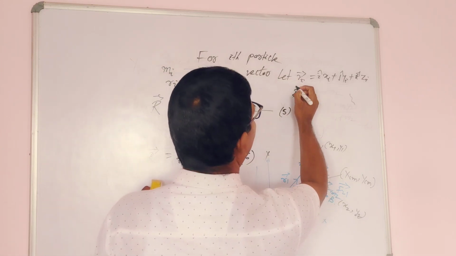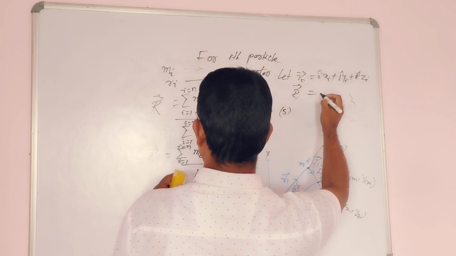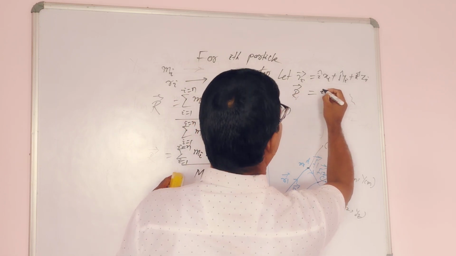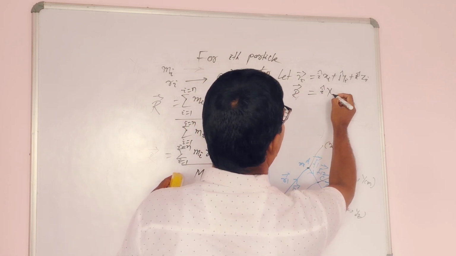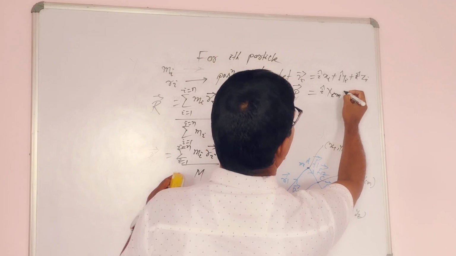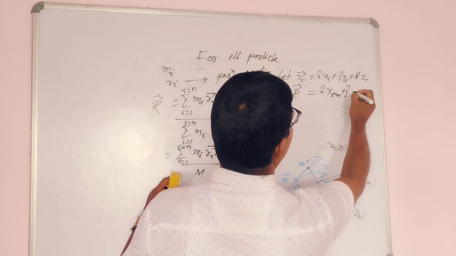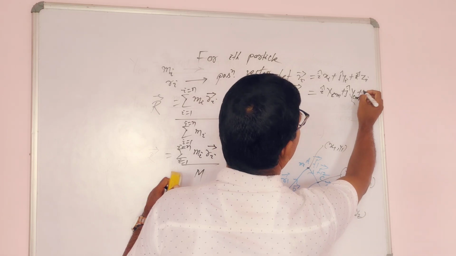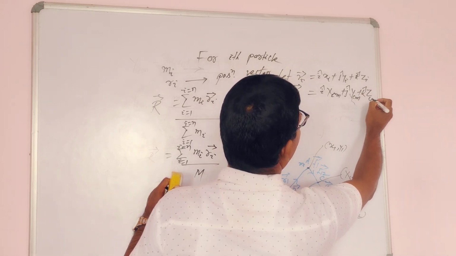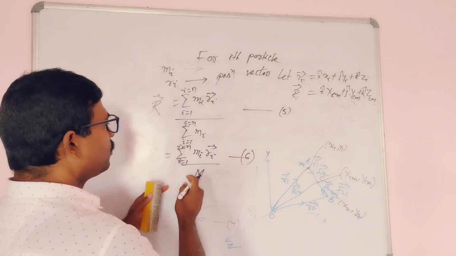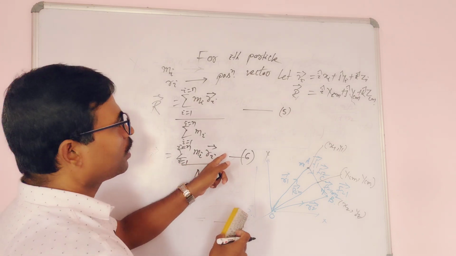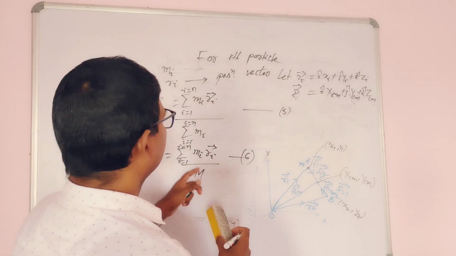That r you will write in this way: i cap xcm plus j cap ycm plus k cap zcm. If you put this value here, what do you get?